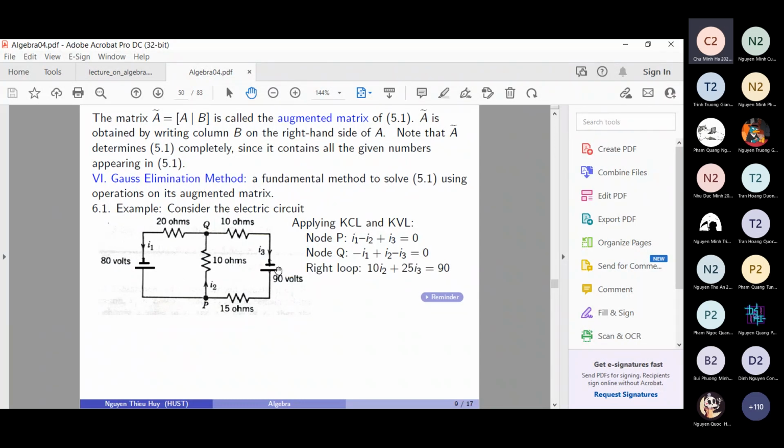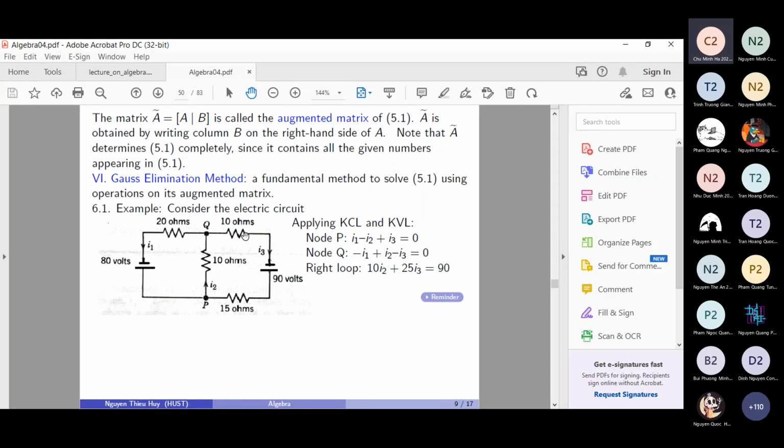The sum of voltage drops is equal to the electromotive force. We have to apply Ohm's law here, one more law. Ohm's law says that the voltage drop across a resistor is proportional to the current.